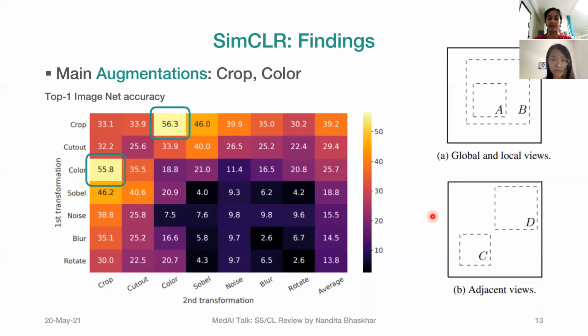But the characteristic of ImageNet is that every image actually has just one focus point, so the cropping works really well. And they have 2 kinds of cropping. So one is the global and the local view, and one is adjacent view, and both are equally performant.